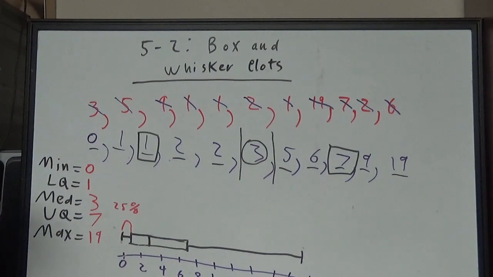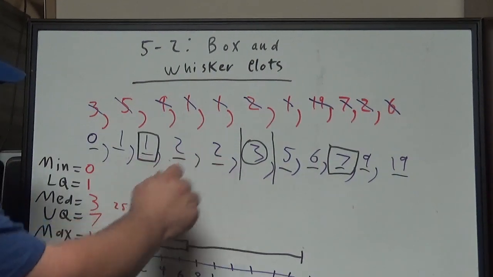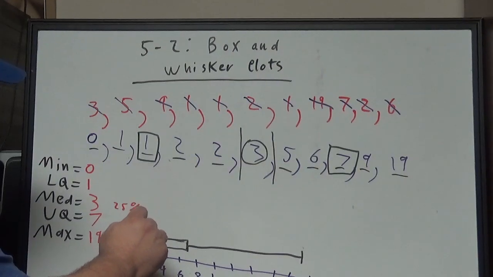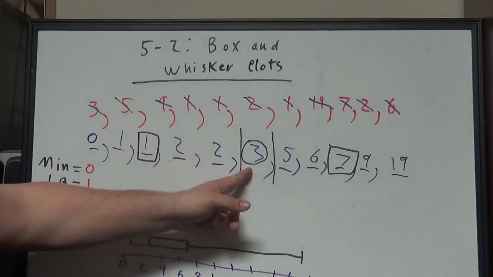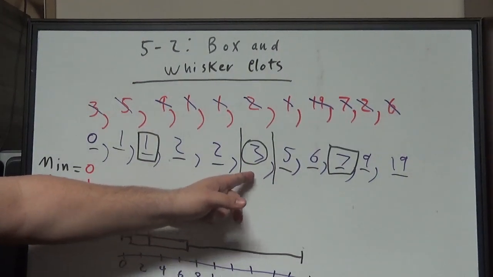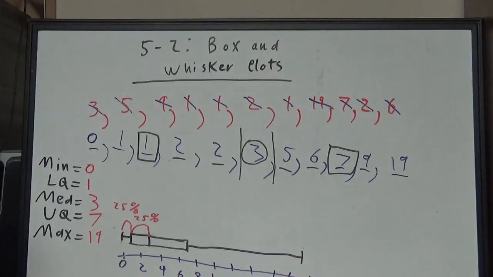Then we have 2 and, well, from 2 to 3 makes another 25%. That's your second quarter of the data set. Notice we've written very small so far. We've only made it to the number 3, and we've got half our numbers because our median is 3. That's the middle, and we have all of this room left.